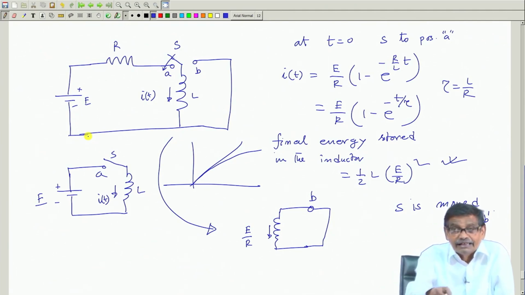That is, the same thing is achieved now with this LR circuit.